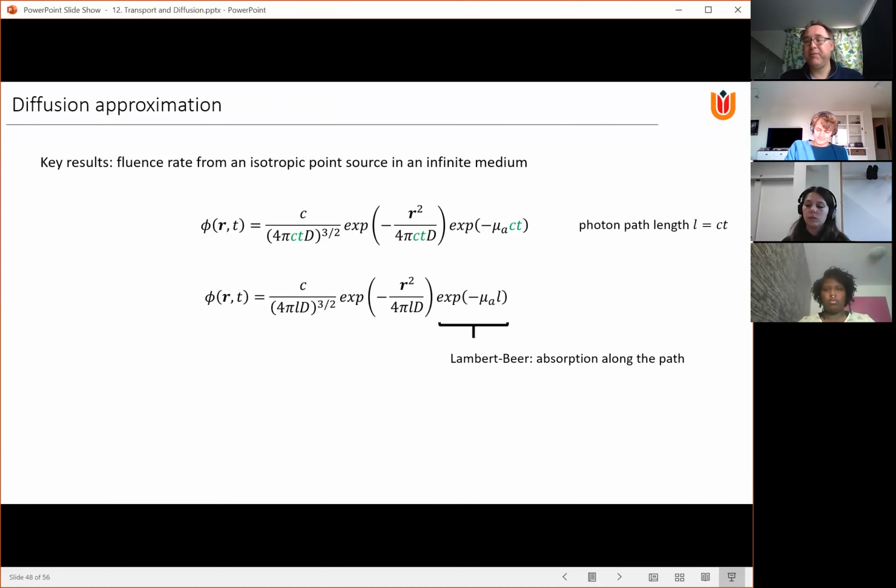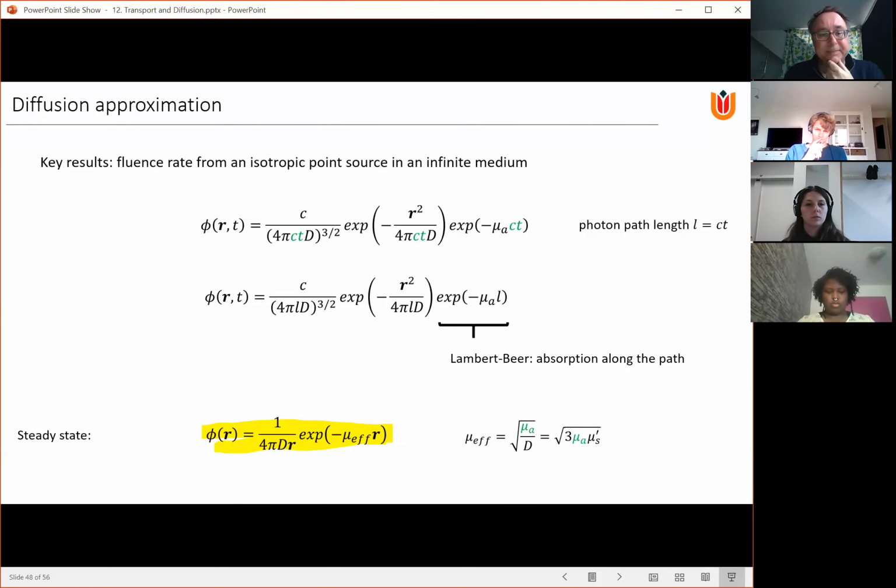This is more or less the same thing, only that there now is not a straight path through a cuvette, but a very convoluted path through the tissue. But still, the absorption simply takes place along that trajectory of the photon, and this term accounts for that.